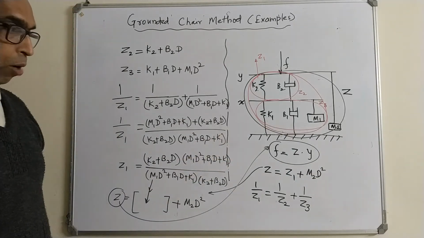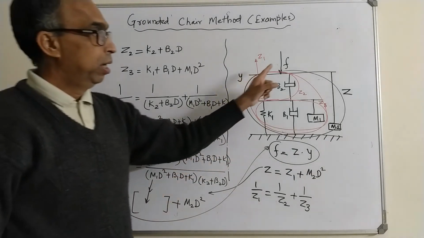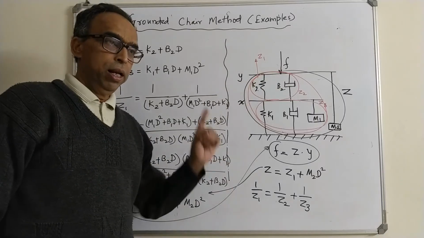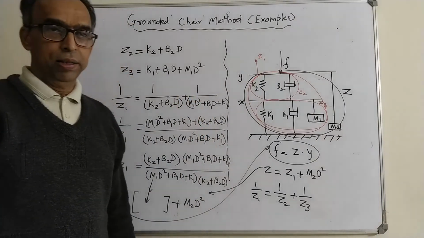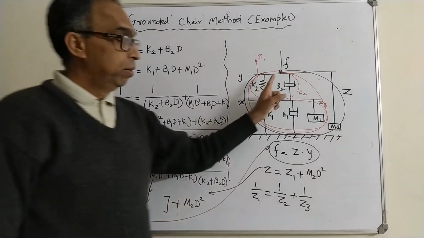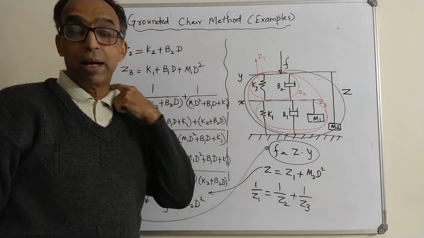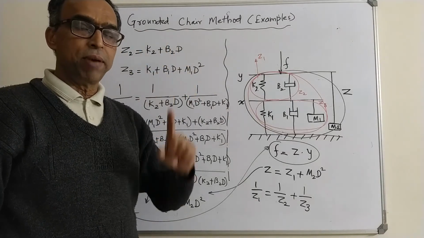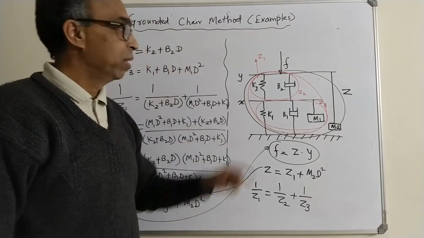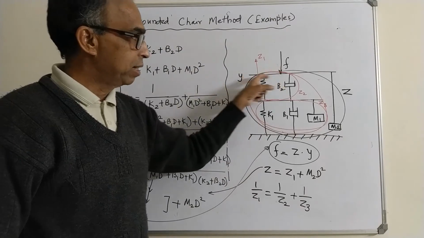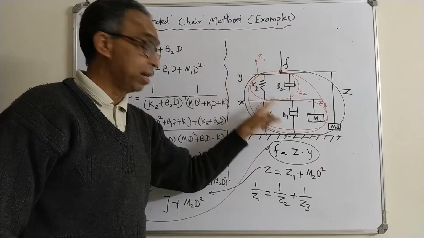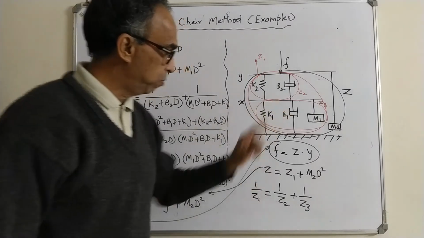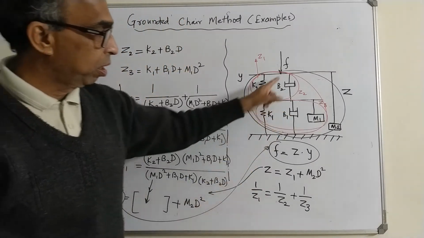Now, how to get the relationship between F and X? If you remember, what is the rule for parallel elements? Parallel elements have different displacements, but the force experienced by parallel elements is the same. So the same force acts at Y, the same force acts at X as well, isn't it? So what will be the relationship for X?